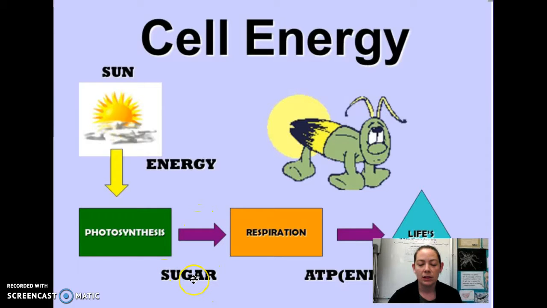And then one thing we haven't really learned much about yet, but we're going to go into soon, is the process of respiration, which is what we do every day all the time in our bodies when we break down those sugars into something that our cells can use more easily, and that's ATP. So the energy from ATP really is what our bodies or our cells every day constantly are using for life's activities.